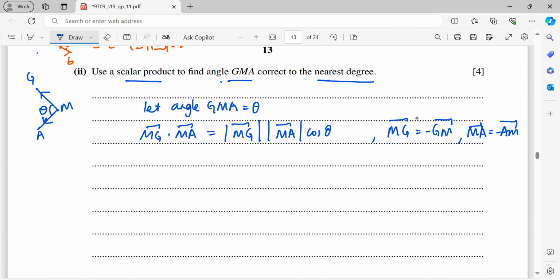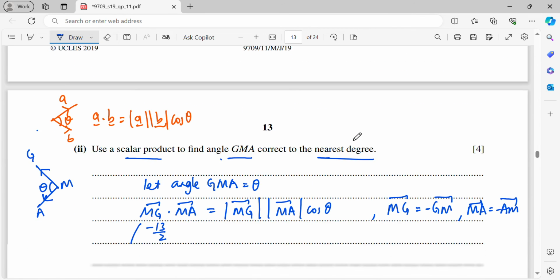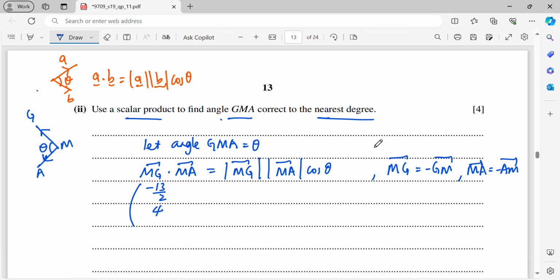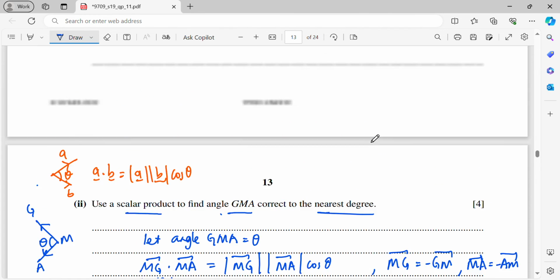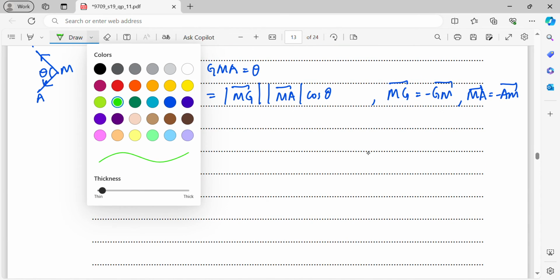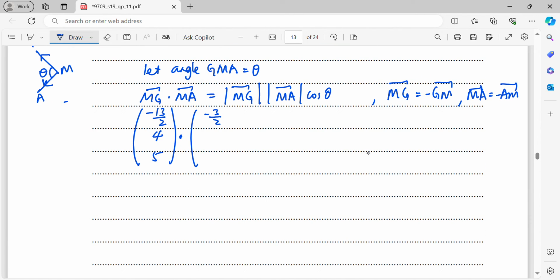Then it becomes negative 13 over 2I, the minus 4J becomes 4J, and minus 5K becomes positive 5K because you times by negative. Dot, your MA is negative of AM. So again, all these three values you just times by negative. I will be getting negative 3 over 2, negative 4, negative 5.